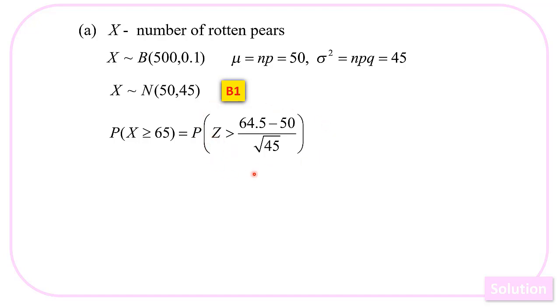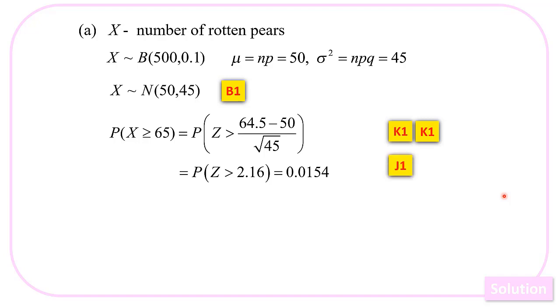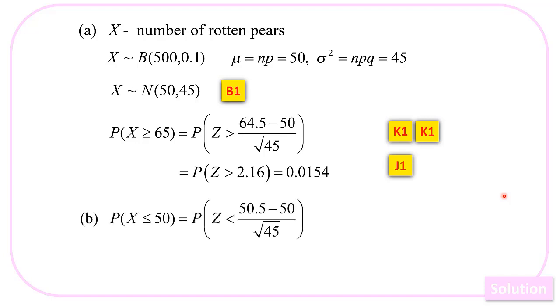The continuity correction is 64.5, and then finding the standard score, x minus mu divided by standard deviation. The standard deviation here is square root of 45. So for that we have K1. Then look at the table. So the answer is 0.0154. So that is J1.